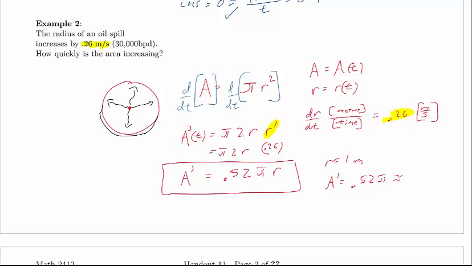Plug 1 into there, and so it basically becomes 0.52 times pi. And a decimal equivalent of that would be about 1.63 square meters per second. That's how it would be increasing. Because what is A prime?